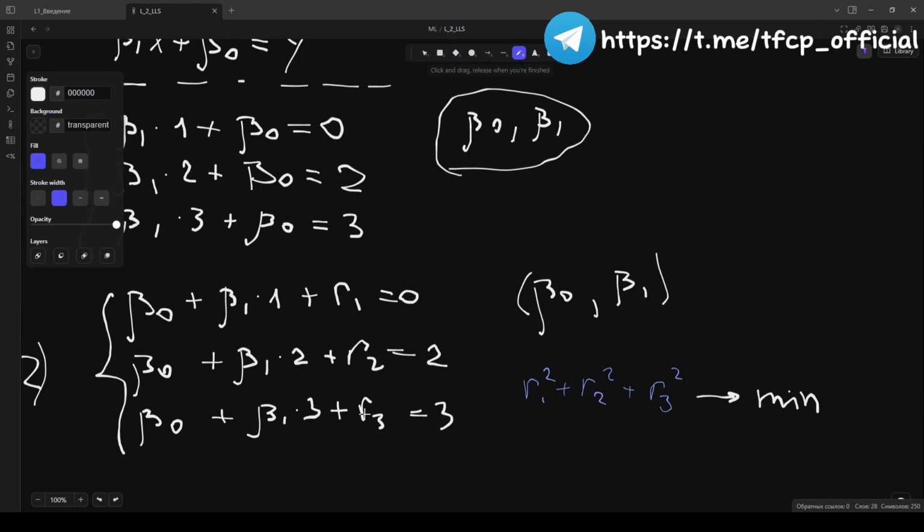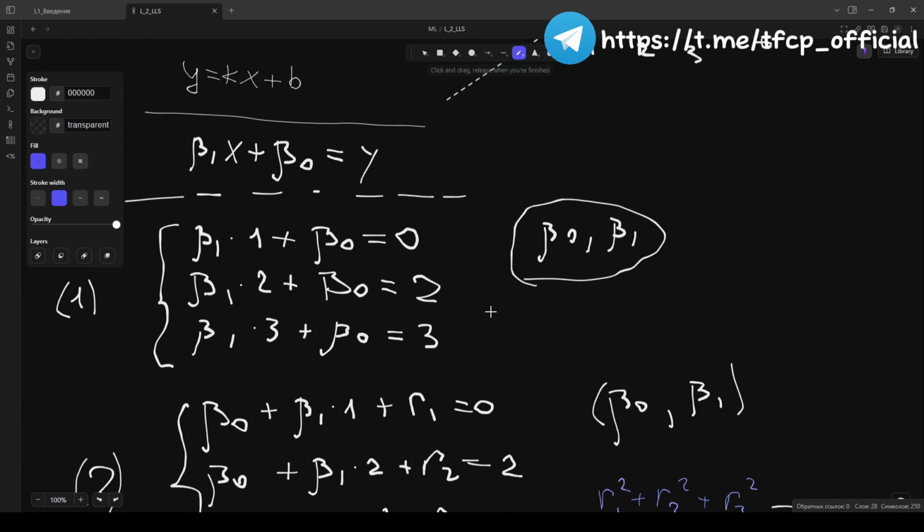These errors, we can and will change them. That is, we need to change them in such a way that their sum, the sum of squares, is minimized. With these values that we find, we will solve this system and subsequently obtain some values for beta 0 and beta 1. The solution to this system, and we will say that they are the best approximate solution for this system. For system 1, that is the logic.